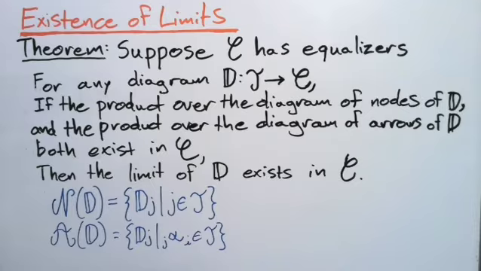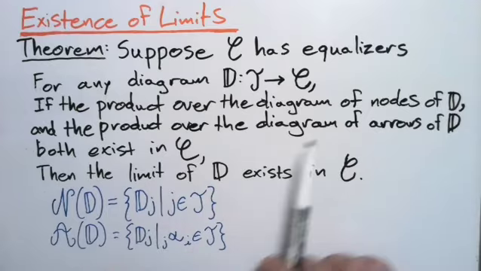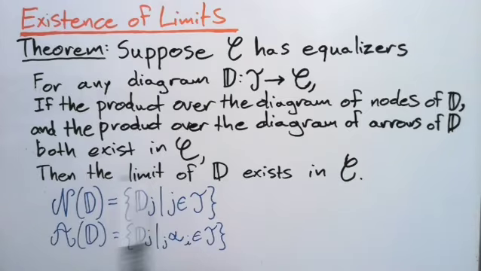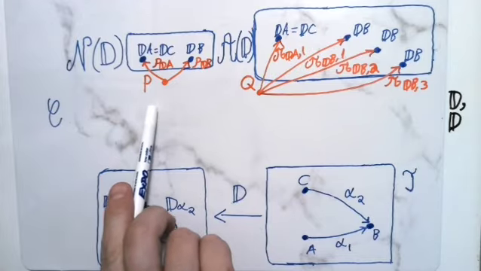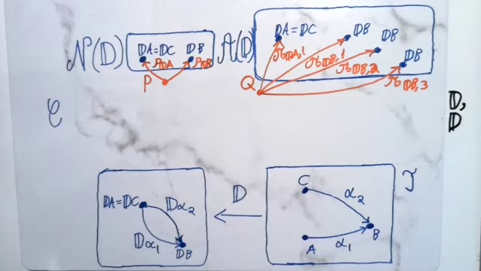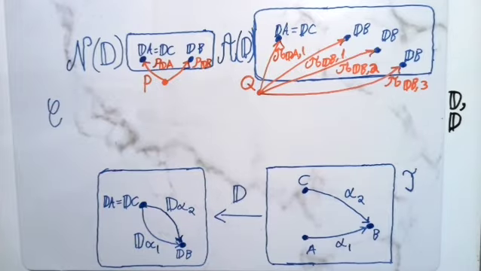And so what does our theorem say? Well, it says that if the product over the diagram of nodes and the product over the diagram of arrows both exist, then the limit of D exists. So to prove this, we would have to assume that there's a product over the diagram of nodes, a product over the diagram of arrows, and then we would have to prove that there was a limit over D here.